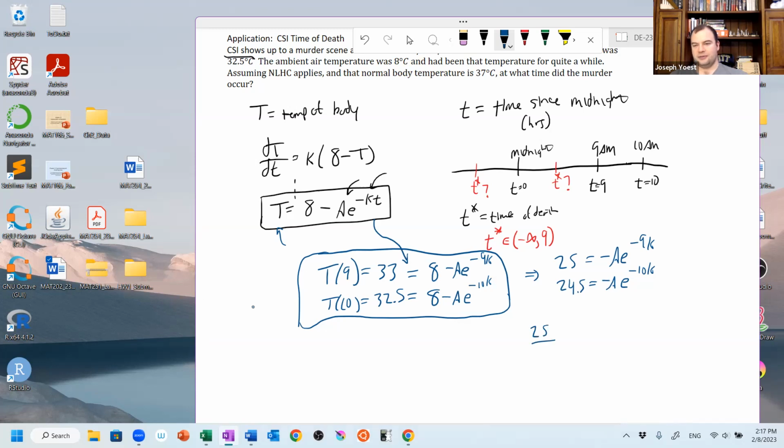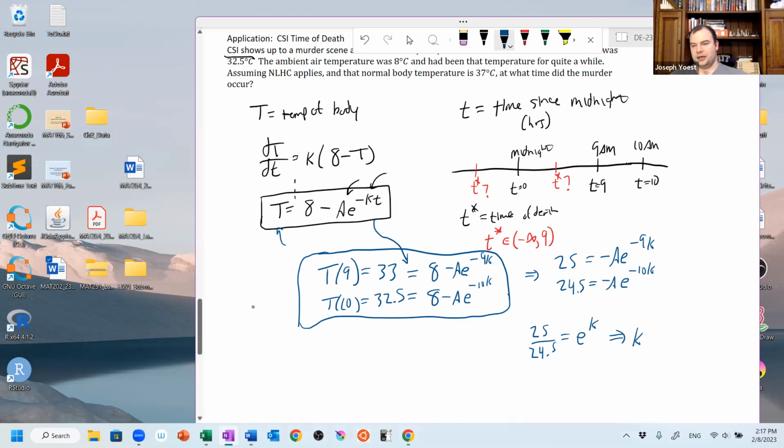I get 25 over 24.5 equals, the negative A's divide out, e to the negative 9k over e to the negative 10k, but that's e to the 10k over e to the 9k, that's e to the k.